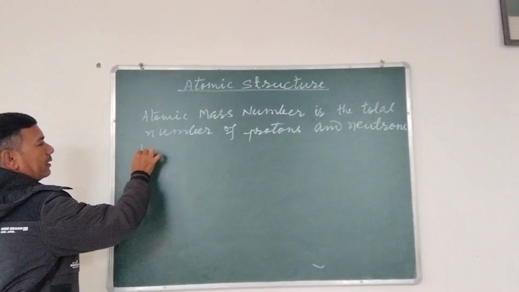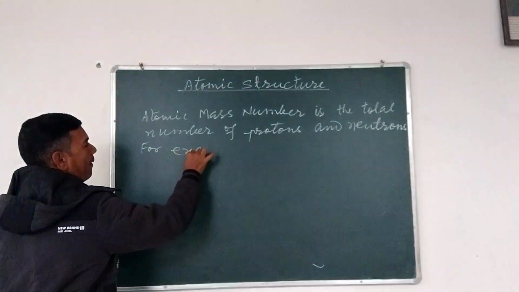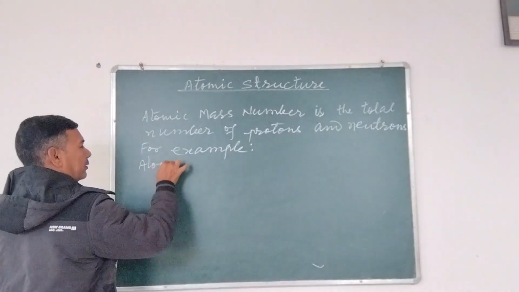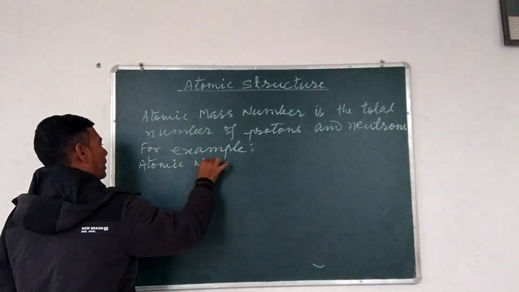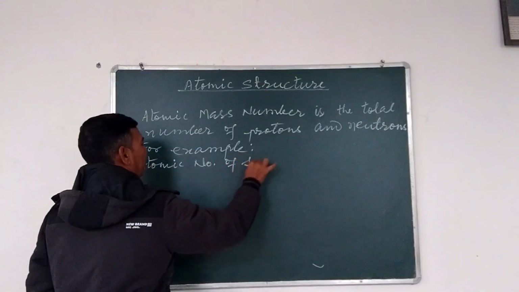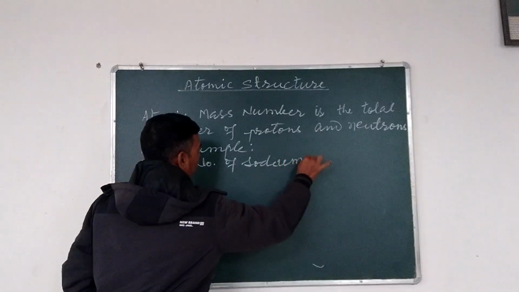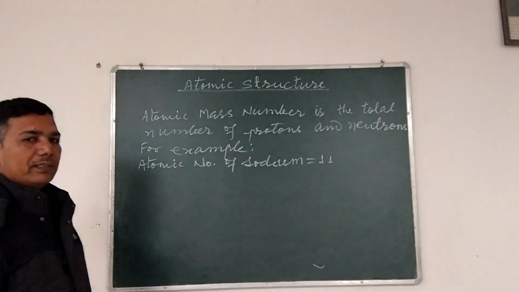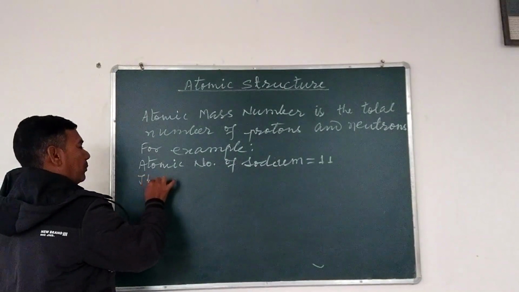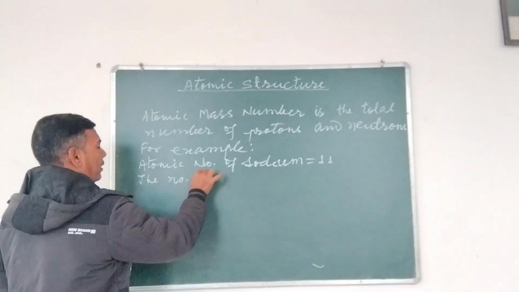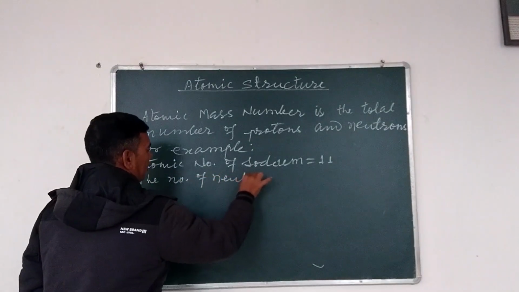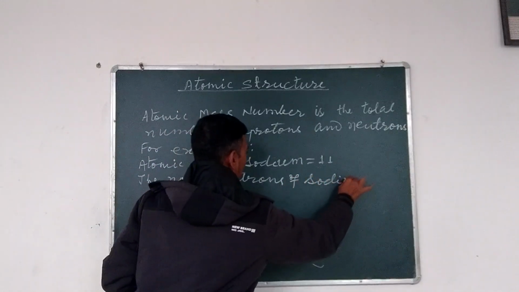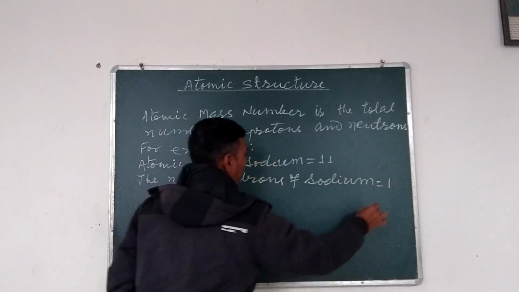For example, atomic number of sodium equals 11. The number of neutrons of sodium equal to 12.